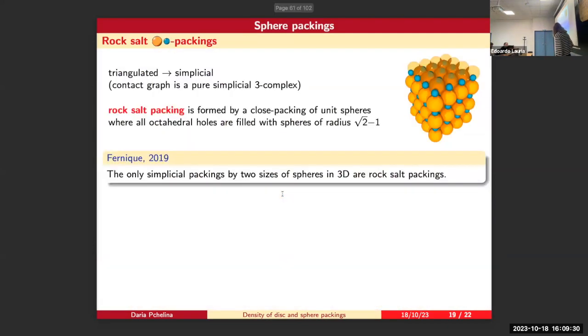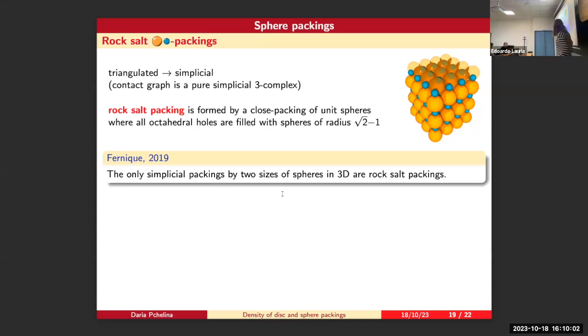For two sizes of spheres, Fernique proved that there is only one pair of sphere sizes allowing a simplicial packing, which is the rock-salt packing I mentioned in the beginning: the closed sphere packing, with all octahedral holes filled with small blue spheres of radius √2 − 1.